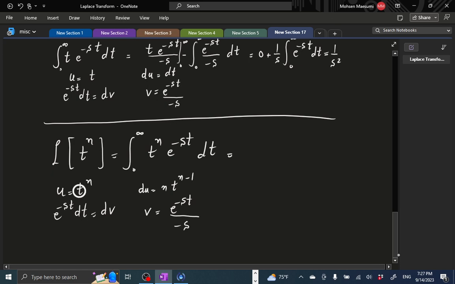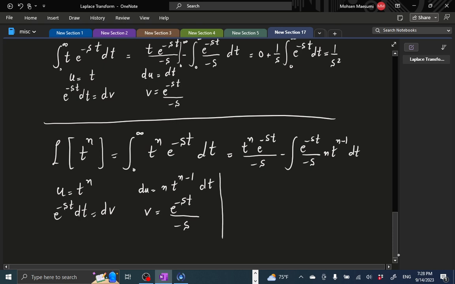When I multiply them, u times v is going to be t^n exponential of minus st over minus s, and then v du is going to be the integral of exponential of minus st over minus s times n t to the power of n minus 1. I forgot my dt here, so dt.